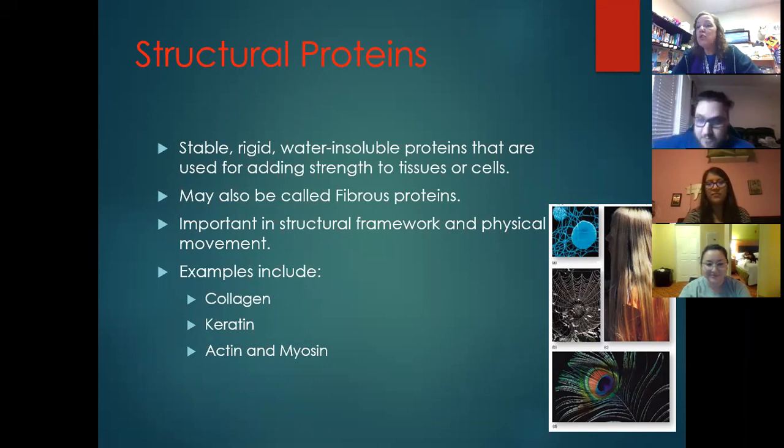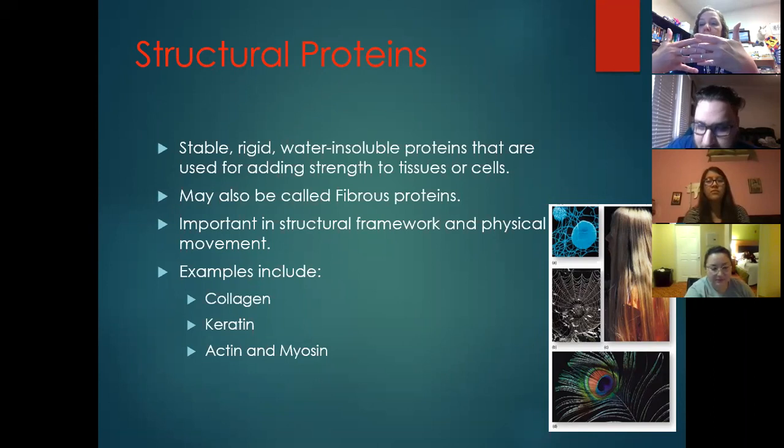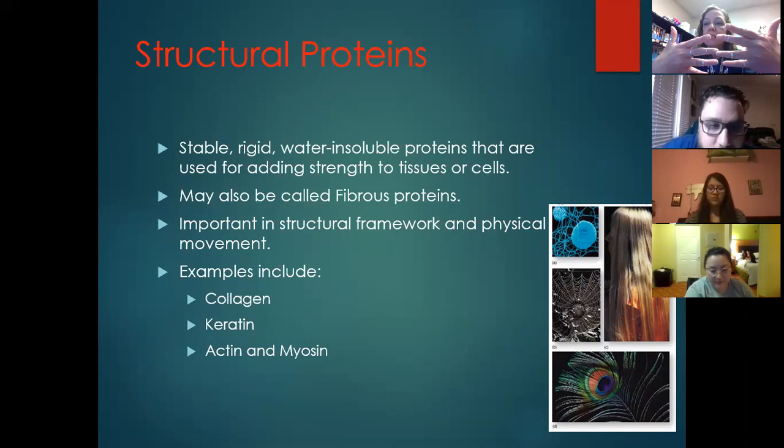We also have specific structural proteins called actin and myosin. We're going to get into this when we get into the muscles, but super, super cool. So the way that your muscles work is you have these fibers, and the fibers at rest are kind of just apart from each other like this. They're kind of interwoven.